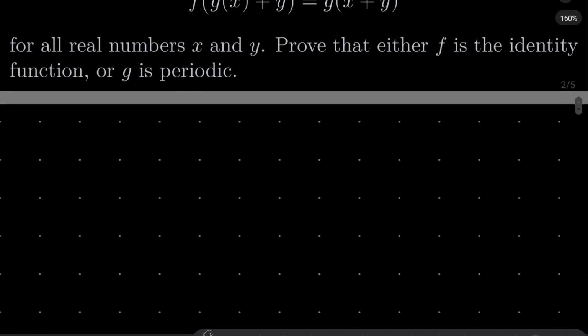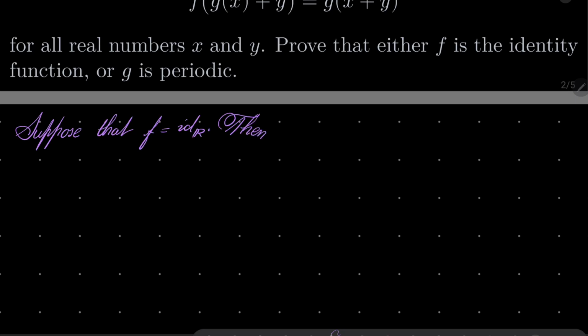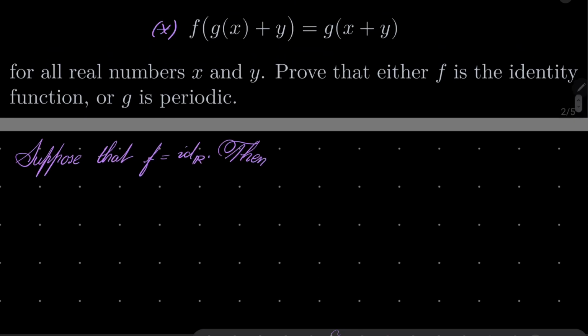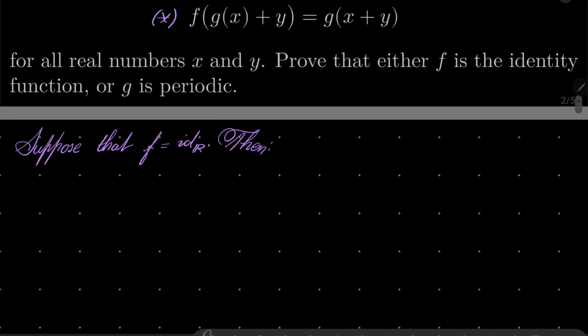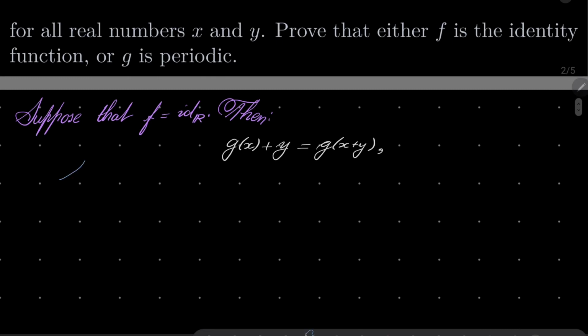Alright, so let's start with showing that if f is the identity function, then g is not periodic. So suppose that f equals the identity function. I will mark this condition by an asterisk. Then we have the following: g(x) + y equals g(x + y). Let's now set, for example, x to be 0.